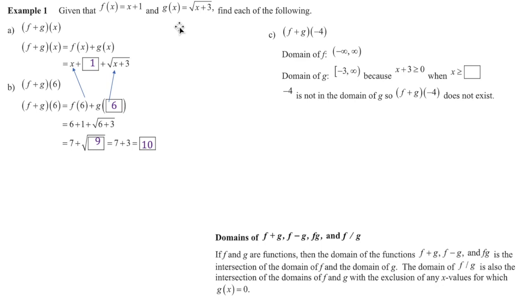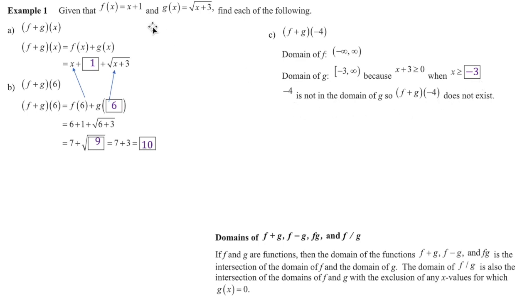If we were to graph this, our graph would not go any more negative than negative 3 because we know we can't take the square root of a negative number. So what we did was say that x plus 3 on the inside of a radical had to be greater than or equal to 0. That tells me then that the domain of my g function is x has to be greater than or equal to negative 3.